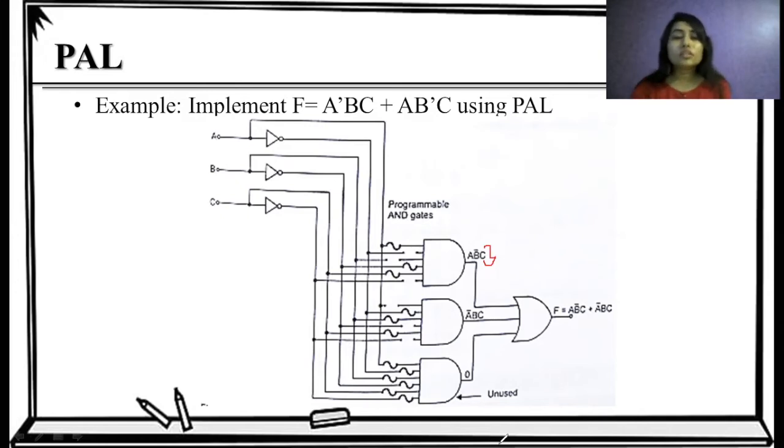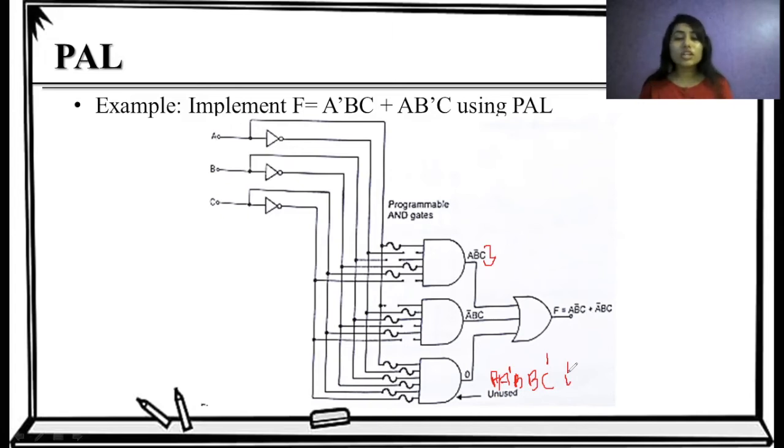For the third AND gate, we just connect all the links. So at the end we have a into a dash, b into b dash, and c into c dash. Basically a into a dash is 0, b into b dash is 0, c into c dash is 0. Ultimately the output of this AND gate is 0.